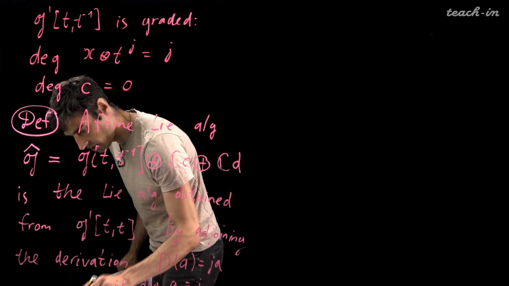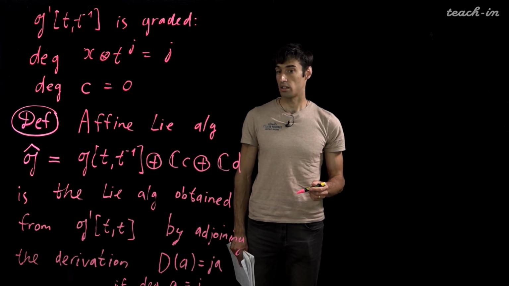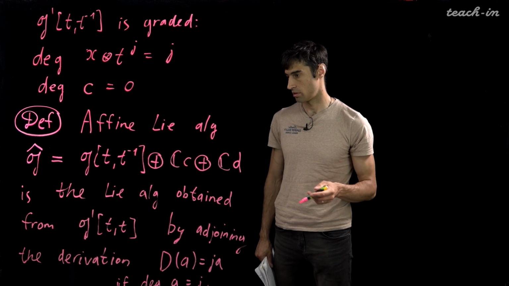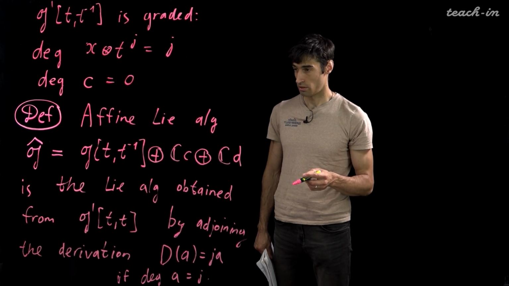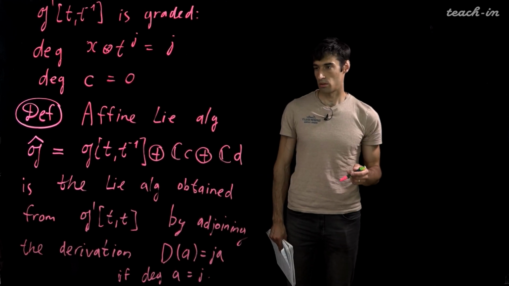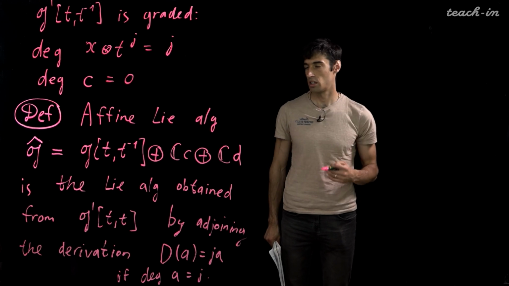Okay, so these are the main heroes of today's lecture, and they are very important for modern physics, for conformal field theory, for example. And so that's why people would like to see what the representations of such things are.